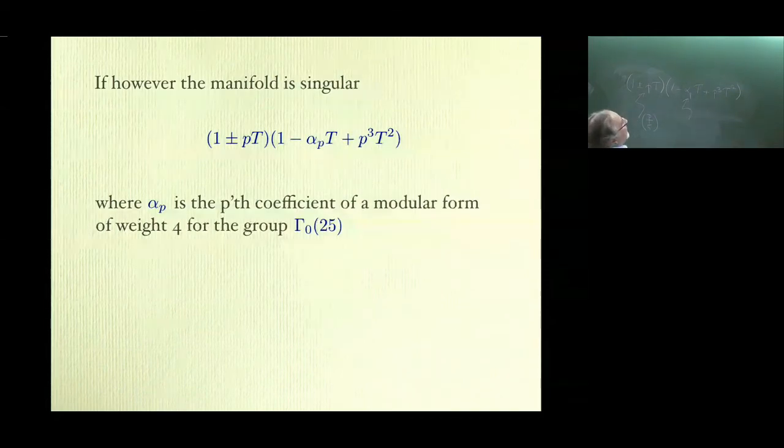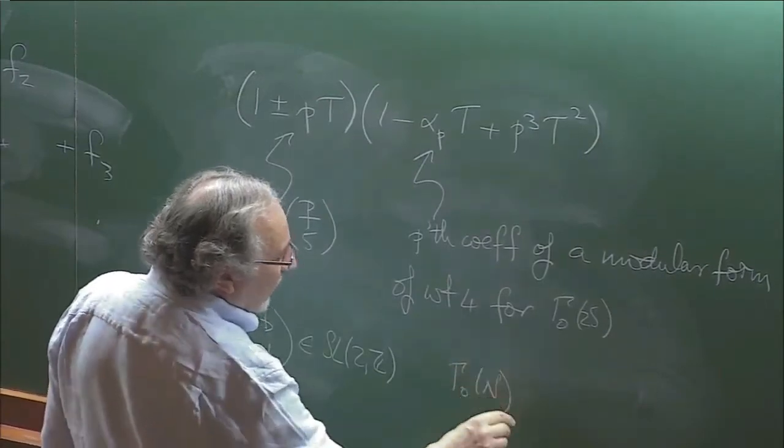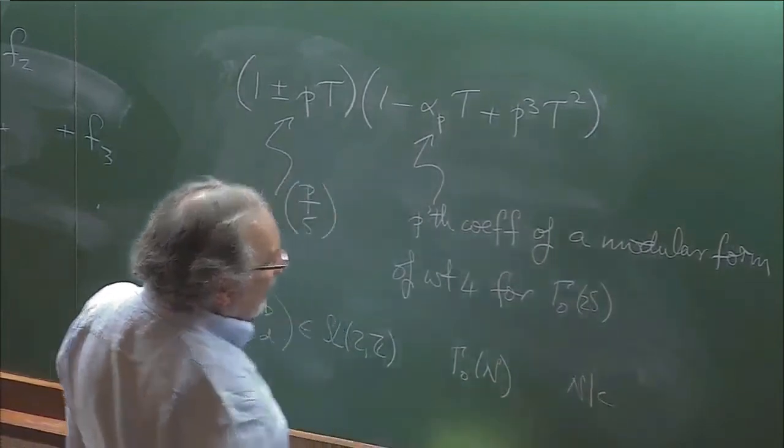And then this is the pth coefficient of a modular form of weight 4 for gamma_0(25). Gamma_0 of n means you look at matrices with entries a, b, c, d in SL2(Z), and gamma_0 of n corresponds to the case when n divides c. c is a multiple of n.